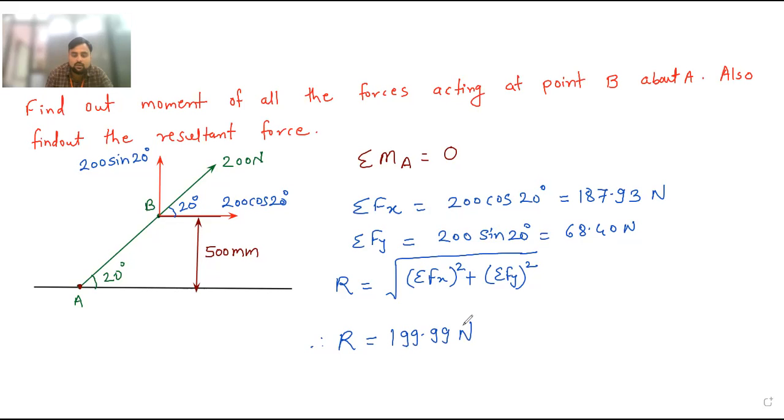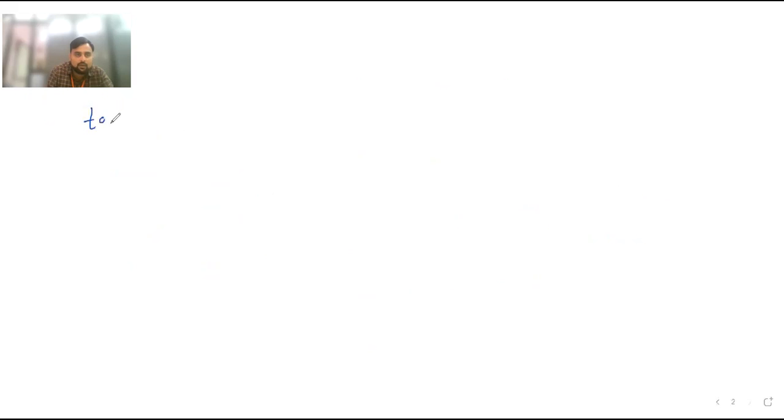So this is the resultant. Now calculate the alpha. So tan of alpha is equal to mod of summation Fy upon summation Fx. So put the values, you will get the value of alpha.